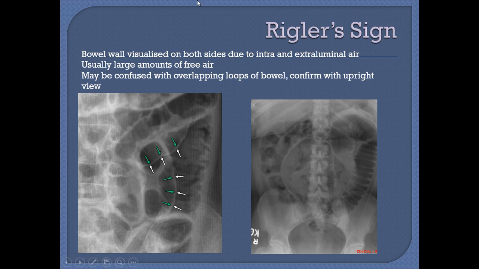Rigler sign. If we can visualize both sides of the bowel wall, it is a sign of pneumoperitoneum, because one is intraluminal air and the other is extraluminal air. Usually there is a large amount of free air, and it may be confused with overlapping bowel loops.